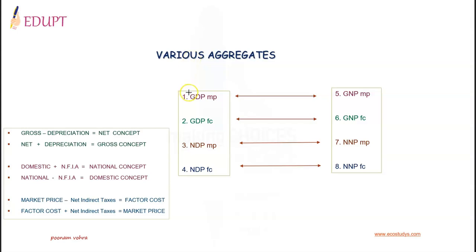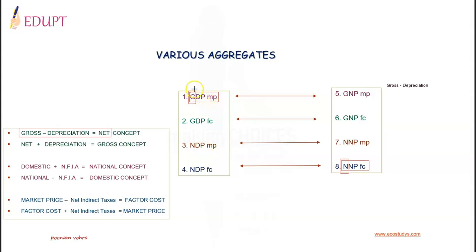So let's pick up GDP at market price and say NNP at factor cost. How will the link be created here? Look at step by step. First is gross. In this case, and here it is net. So you need to reach at net, and by deducting depreciation from gross, one gets net concept.